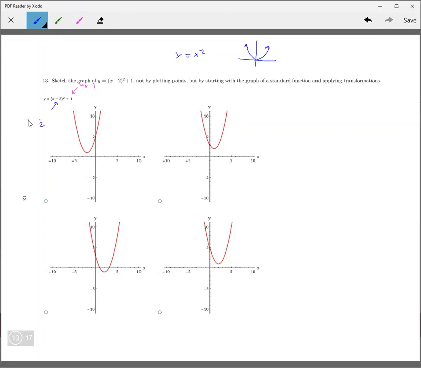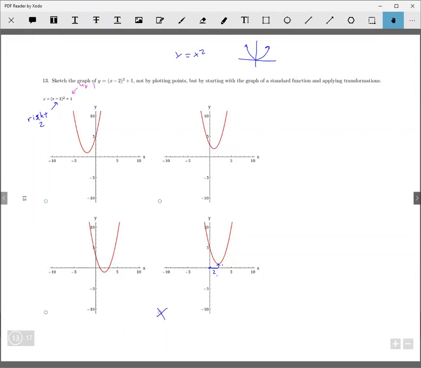Minus means it's going to go right by 2 if it's inside. So right 2 and up 1. So you imagine this moving to the right by 2 and up 1, and you would get this right here. So that's been shifted to the right by 2 and up 1. Great, that's number 13.